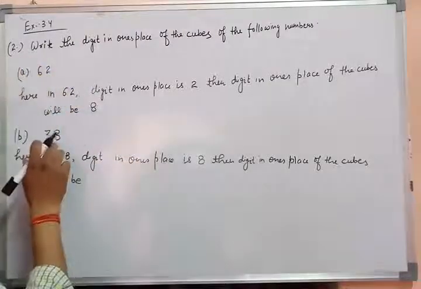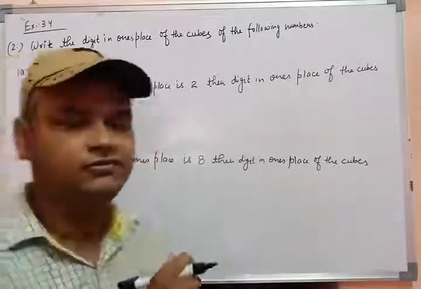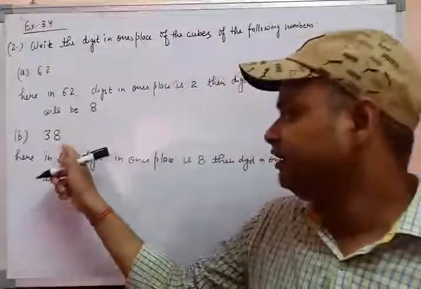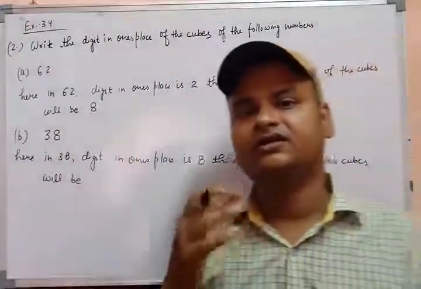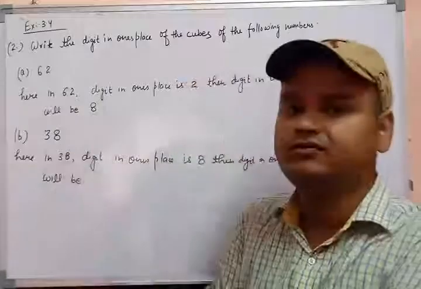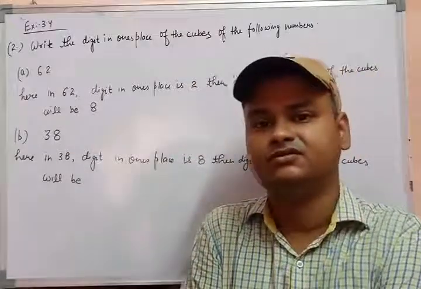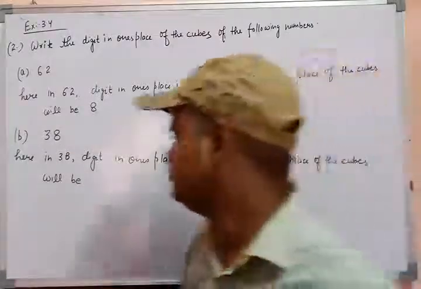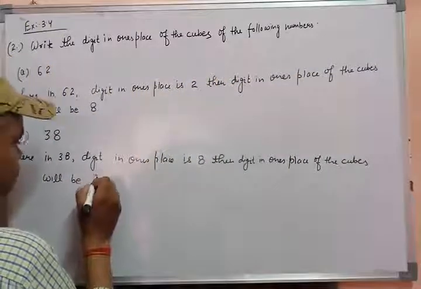If a number has ones place digit 8, then what is the digit if we find the cube of the ones digit? So it will be 2.